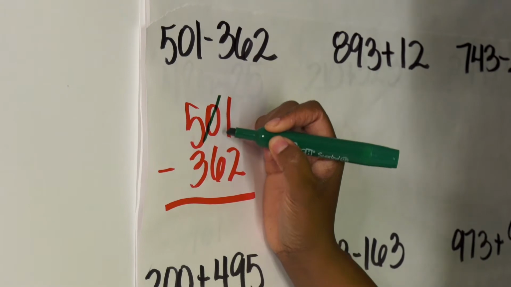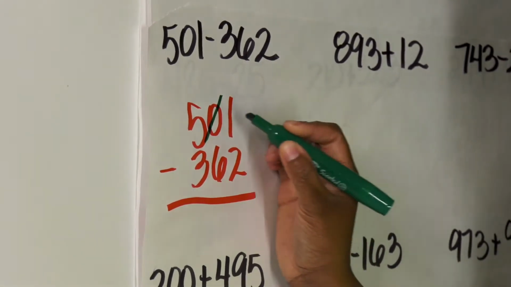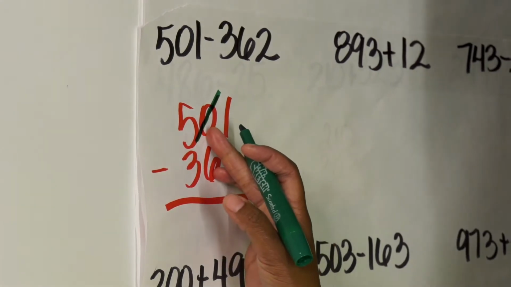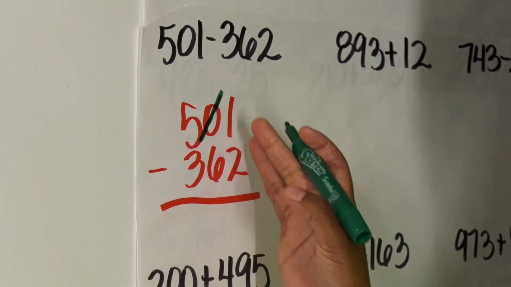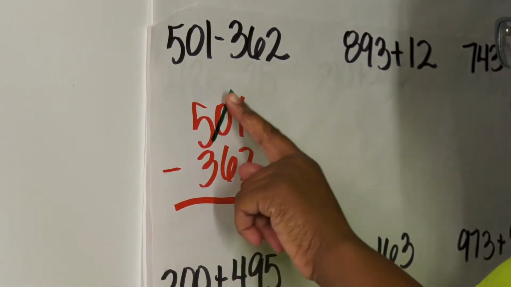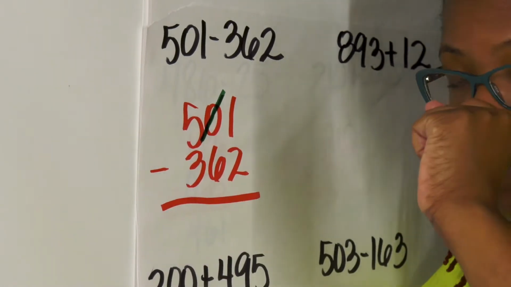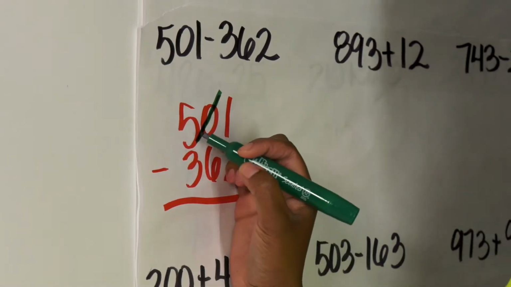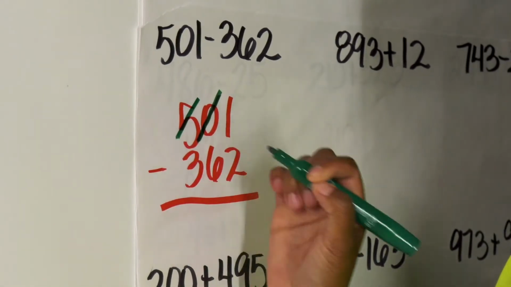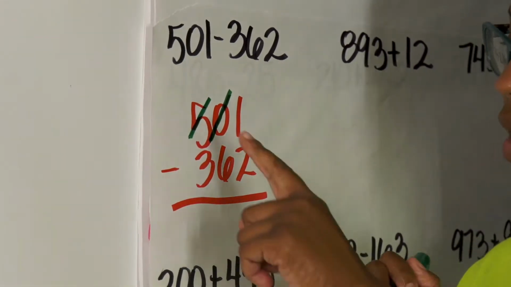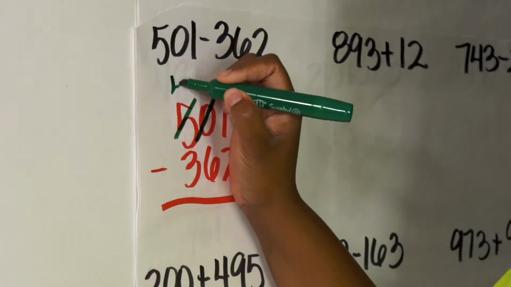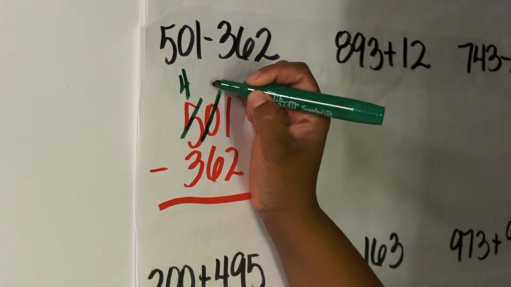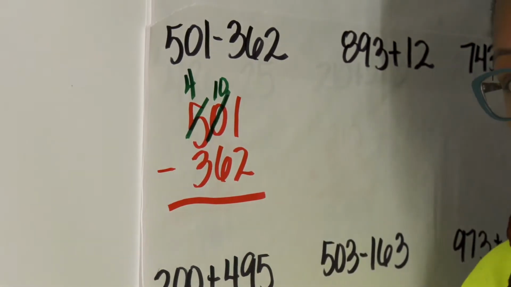Since we can't borrow from this 0 because it's a 0 value, we have to shift all the way to the hundreds place. So I'm gonna borrow 1 from the hundreds place. 5 minus 1 is 4. And I'm gonna add 10 to my tens place. So now this becomes 10.